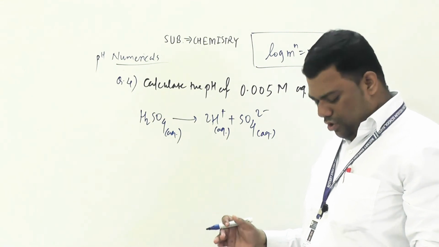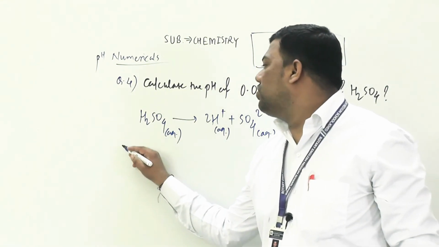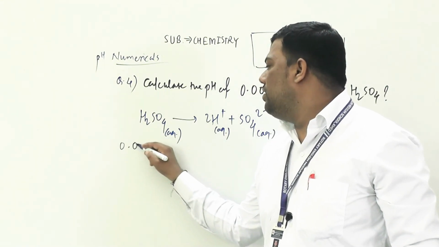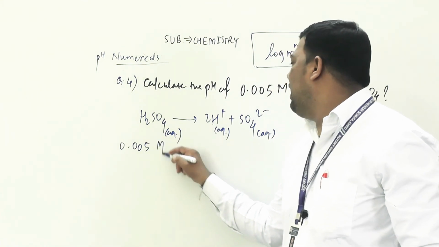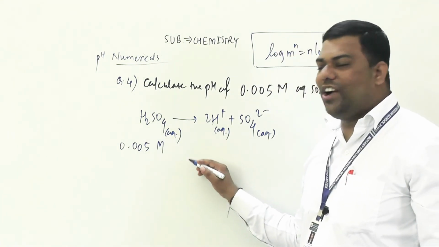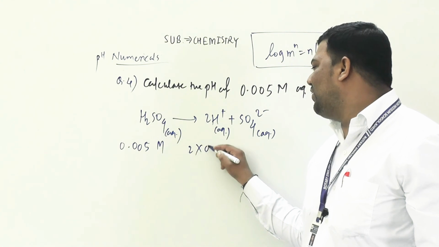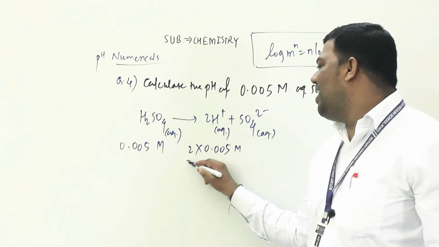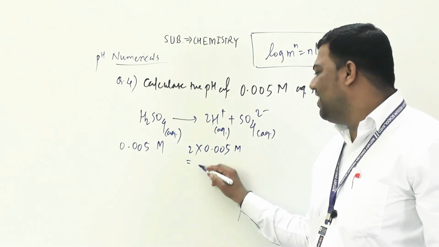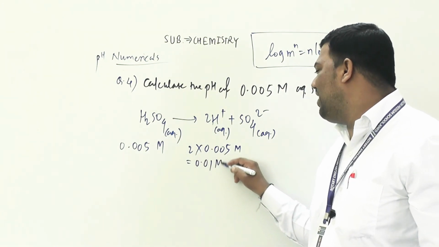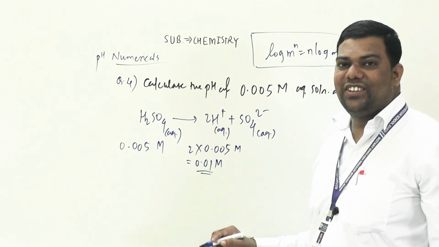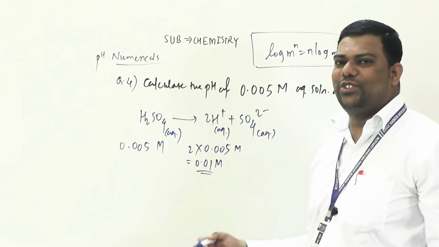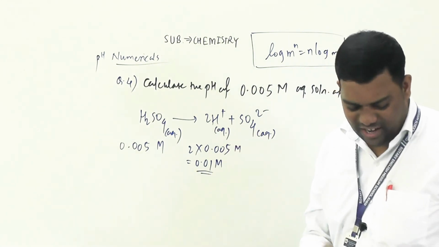Basically the concentration of H2SO4 is 0.005 molar, and here there are 2 H plus, so what will come here? 2 into 0.005 molar. What will your answer be? 0.01 molar. Understood?